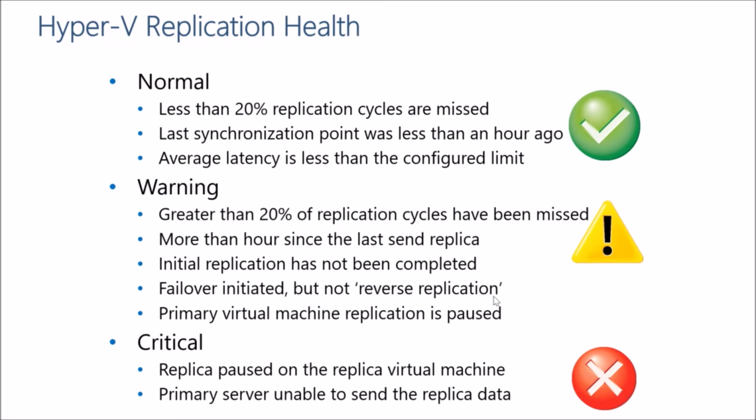If the primary virtual machine replication is paused, then that gives you a warning. Critical is if the replica is paused on the replica virtual machine, or the primary server is unable to send the replica data. So these are the different error levels.